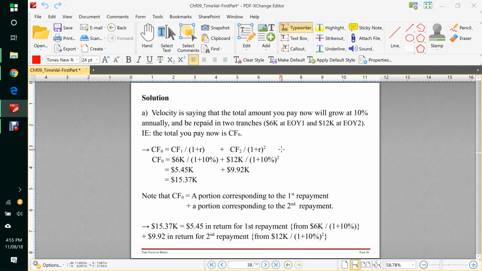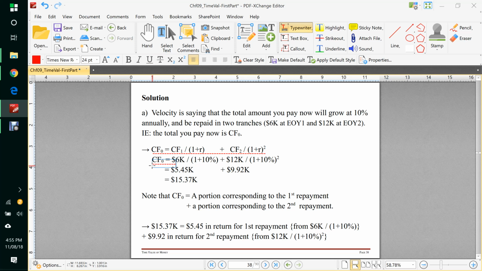Okay, so I've got all the work done here. CF0 is going to be equal to the first payment divided by 1 plus r, plus the second payment divided by 1 plus r squared.